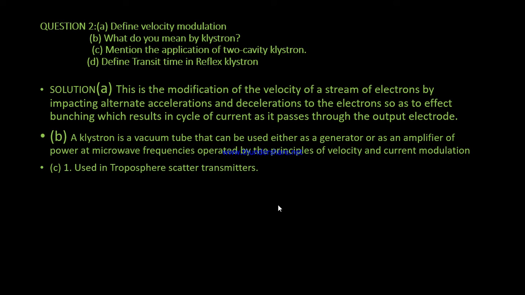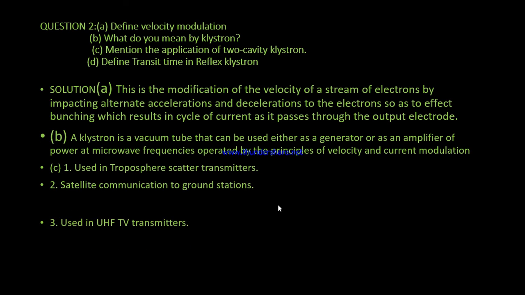Number one, two-cavity klystron can be used in troposphere scatter transmitters. 2, it can be used in satellite communication to ground stations. 3, it can also be used in UHF TV transmitters. And 4, it can be used as radar transmitters.